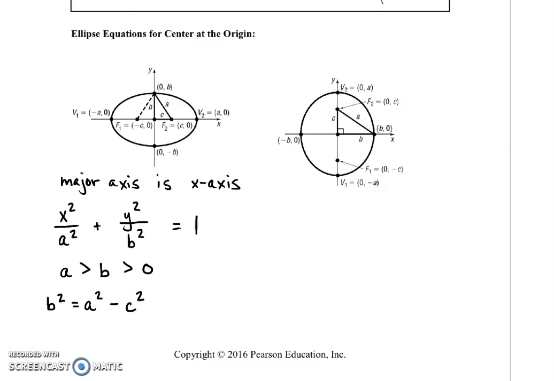If you're wondering how that works out, the vertices are at negative a, 0 and positive a, 0. So a is what we use to locate the vertices.